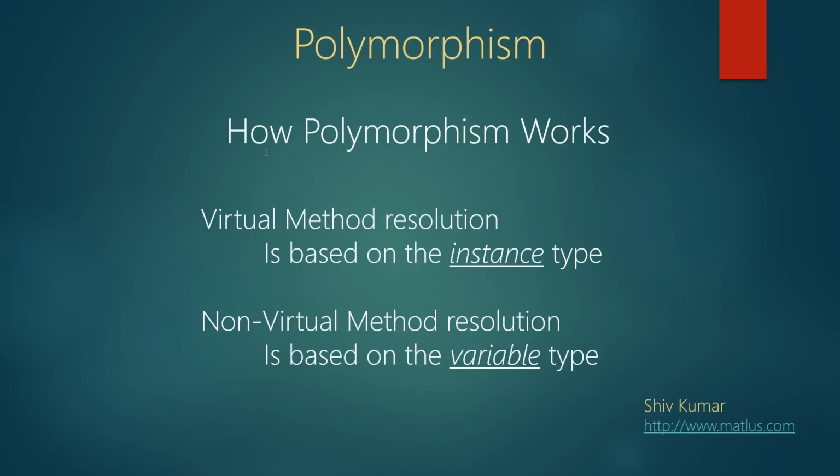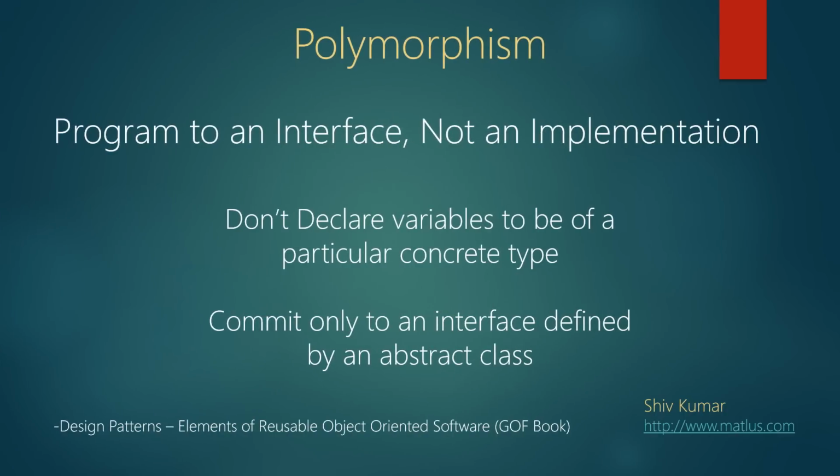The rest of it is the way you write your code: programming to an interface, or writing your code in terms of the base class. What I have here is essentially verbatim from the golf book, or the design patterns book by the Gang of Four. There's a principle they mention called program to an interface, not an implementation.